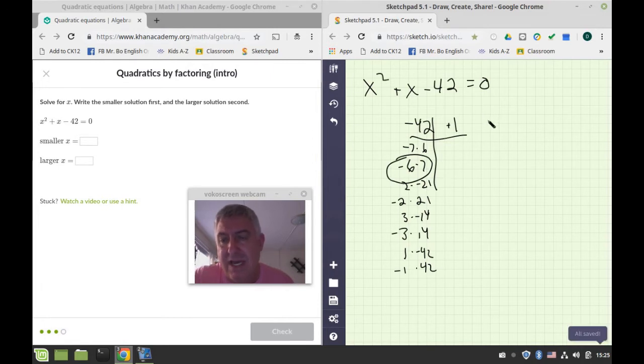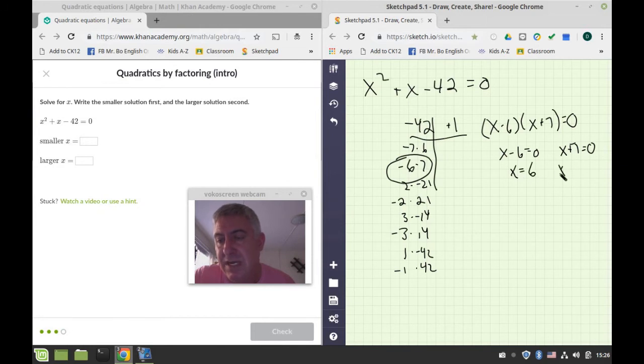So we have x minus 6 times x plus 7 is equal to 0. And that means x minus 6 equals 0, or x plus 7 is equal to 0. Alright, so x is equal to 6, or x is equal to negative 7.